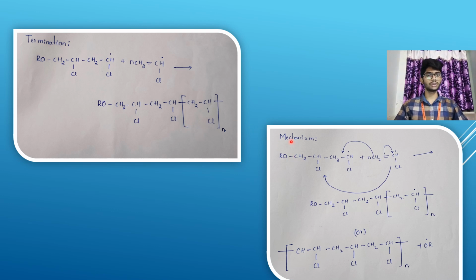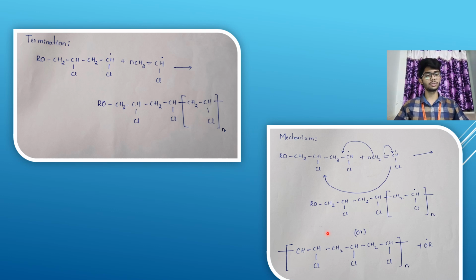Let's see the mechanism of the termination step. ROCH2CHClCH2CHCl reacts with n number of monomers of vinyl chloride. We know that the vinyl chloride consists of a double bond, and in the termination process this double bond breaks into a single bond, and it forms a radical. This CHCl radical makes a bond with the ROCH2CHClCH2, and this CH2 makes a bond with the radical CHCl.